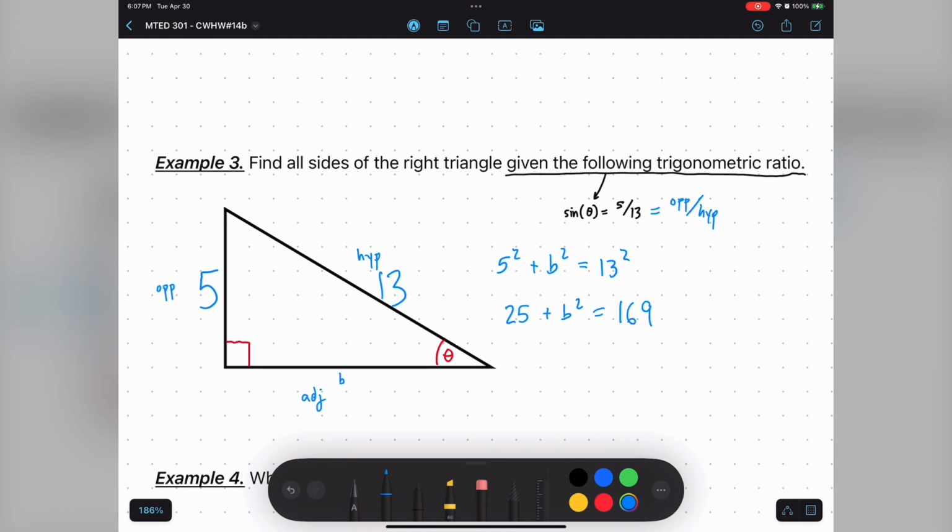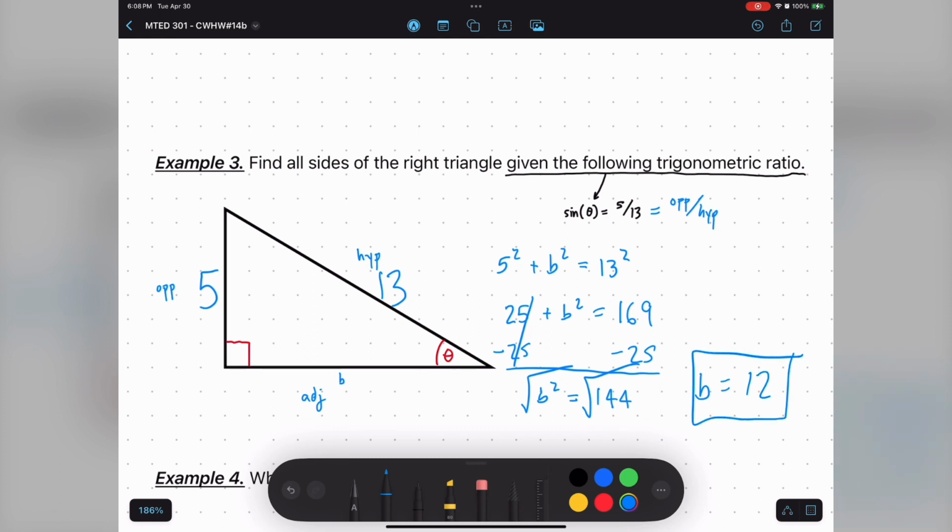So to solve for b squared, I'm just going to take that 25 and subtract it on both sides to isolate my b squared. And I'm going to get that b squared is going to equal 144. Then I'm going to take the square root of both sides there, and I'll get that b equals 12. So that is our third and final side.